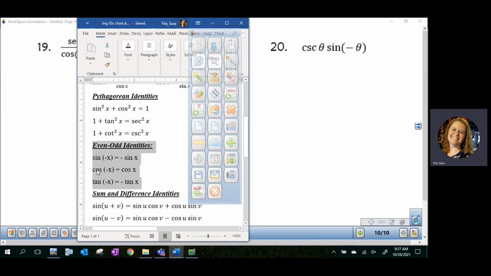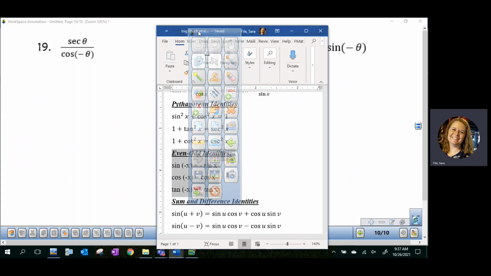So cosine and its reciprocal secant are even functions. You input a negative, your output is unaffected. But sine and tangent and cosecant and cotangent are odd functions. When you input a negative, the output changes sign as well.